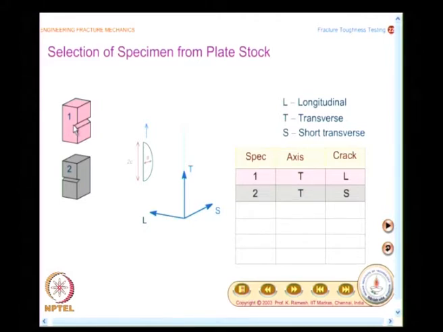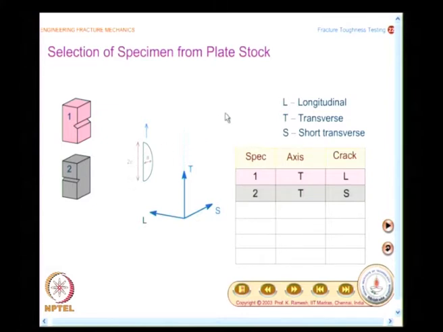So, it would be dictated by the fracture toughness in the L direction. And you have specimen 2 where still the axis is the same, it is in the T direction like specimen 1, but the crack is expected to advance in the S direction.